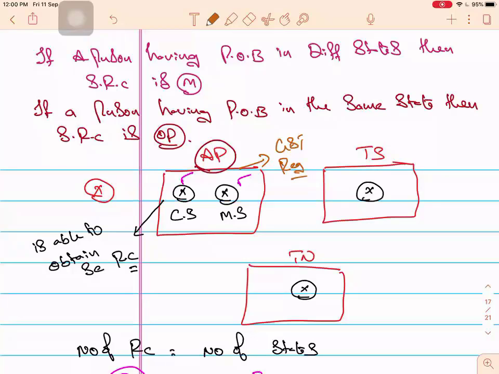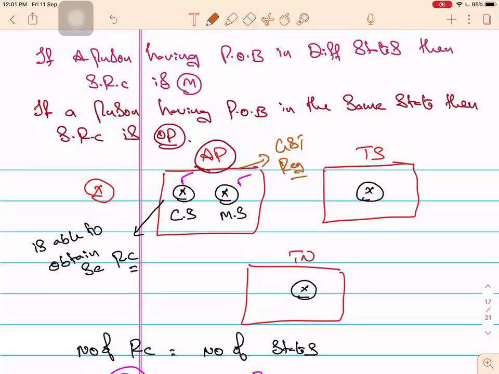A GST registration is for all, whether it is for CGST, SGST, IGST, cess, whatever the tax it may be. There is a single registration for all types of GSTs.